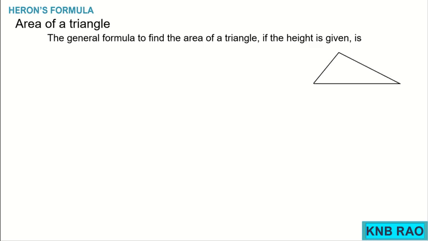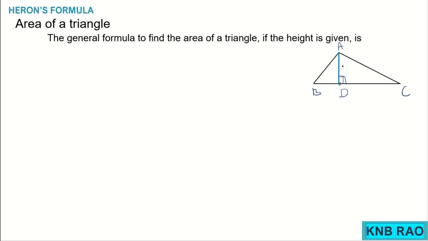For example, you have got a triangle here, let us say A, B, C, and you know the height of it, where this is the height, that is from one of its vertices to the opposite side a perpendicular is dropped. Let us say it is AD perpendicular to BC.